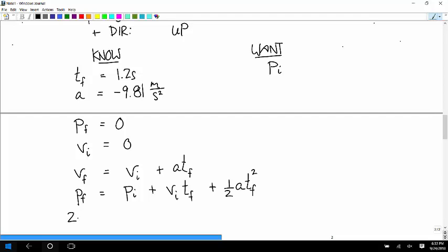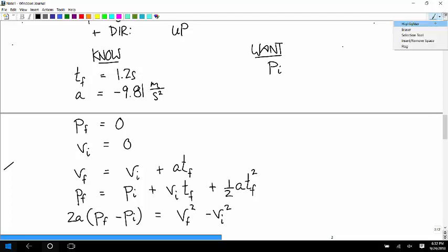And then the last one is 2A times the quantity P final minus P initial is equal to V final squared minus V initial squared. Okay, so can you see any of those three equations that work with the variables we have? The second one, yep. So this one works in this problem.